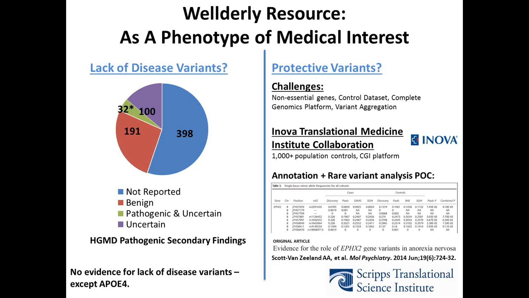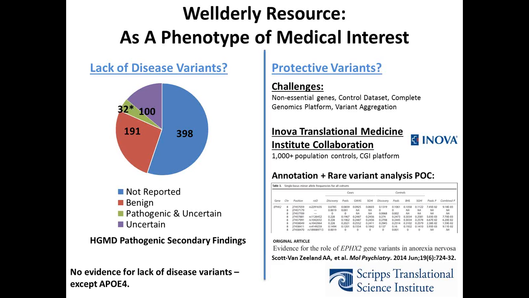We've also taken a look at GWAS risk variants in collaboration with 23andMe. There doesn't seem to be any evidence for a decrease in the frequency of these risk variants in the Wellderly cohort versus the 23andMe population, except for ApoE4.